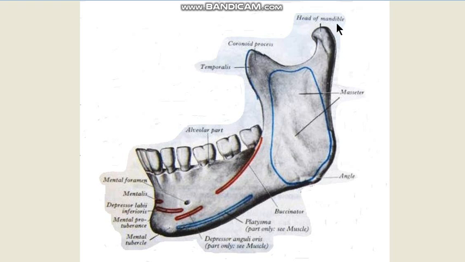To the margins of the head of the mandible you have the attachment of the capsule of the temporomandibular joint, and to the lateral surface of the condylar process as well as the posterior border you have the attachment of the lateral ligament of the temporomandibular joint. So masseter and temporomandibular joint.